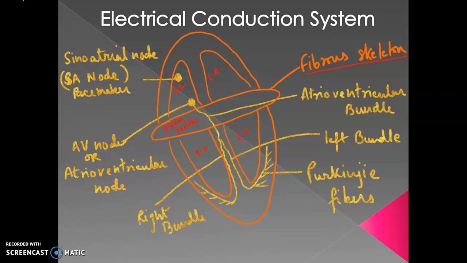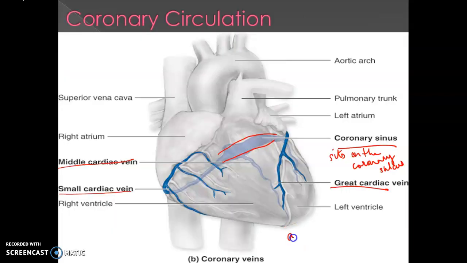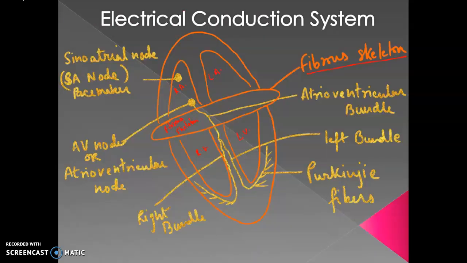Now we see a bunch of things in yellow, right? Let's talk about it. A few things I want you to know. The heart can generate its own beat, and that is why it is called autorhythmic, meaning it can generate its own beat.